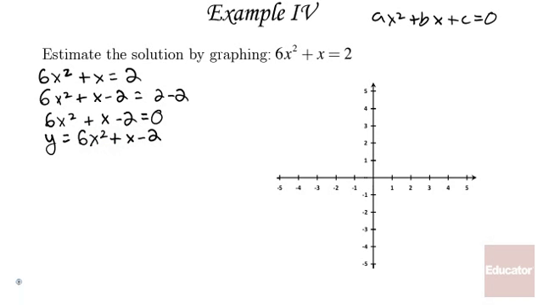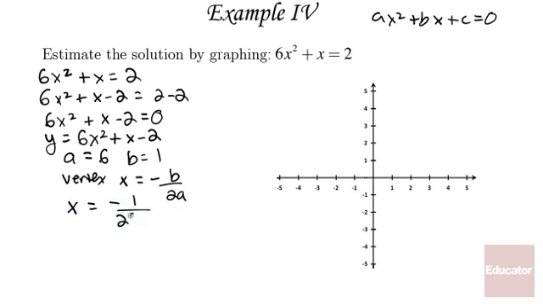All right, so let's go ahead and think about what we have here. We have a equals 6 and b equals 1. The x value for the vertex is going to be negative b over 2a. So x is going to equal negative 1 over 2 times 6, negative 1/12.